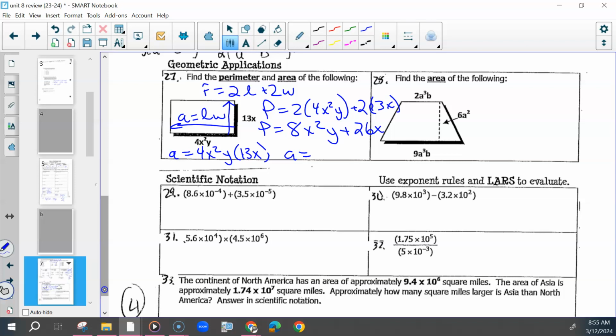Did we multiply 4 and 13? What did you say? 52. 52 x to the third y would be the area.